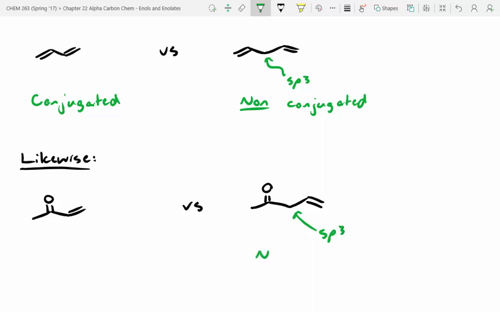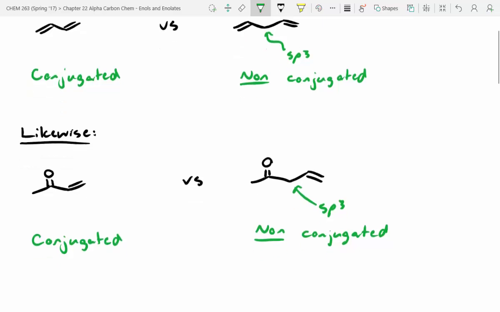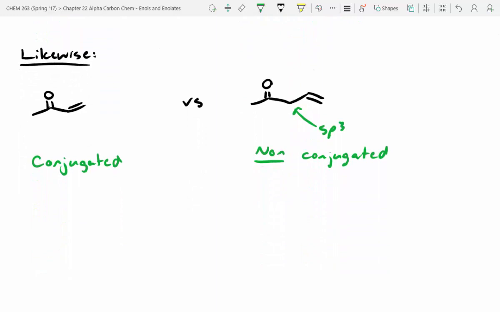So this is non-conjugated, where this one's conjugated. Does anybody remember the functional group name for that ketone? It's something unsaturated. Alpha beta. Alpha beta.